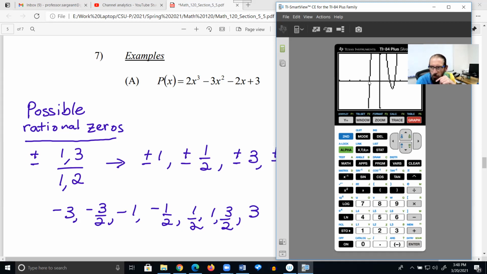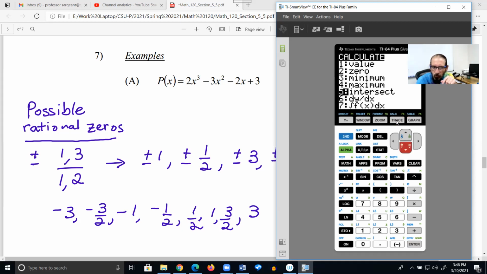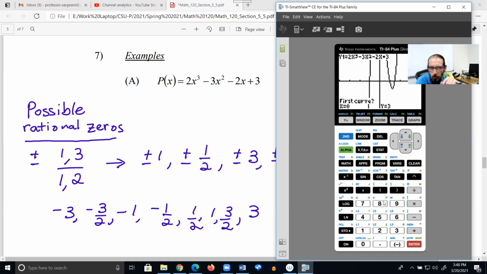Now, it looks like maybe we have a crossing at -1. That's not proof. In fact, pressing second and trace is calc. If you choose the 5th option, we've only got one curve, so I'll press enter and enter again. Second option, okay, left bound.